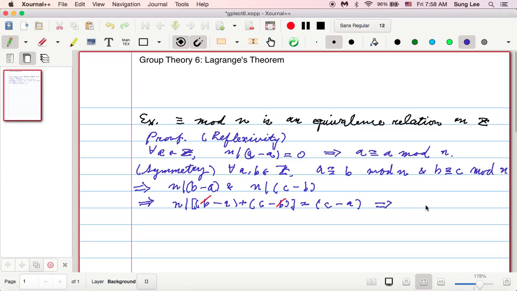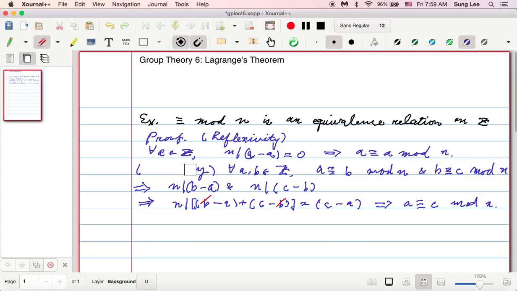following the definition, a is congruent to c modulo n. I got carried away a little bit. Sorry, I meant to talk about symmetry, but actually I ended up doing transitivity. Sorry about that.